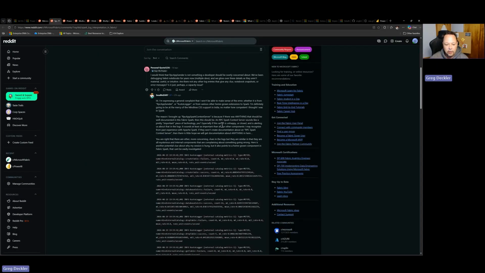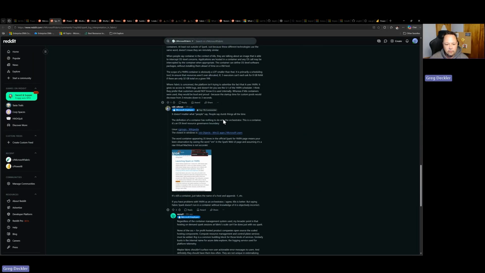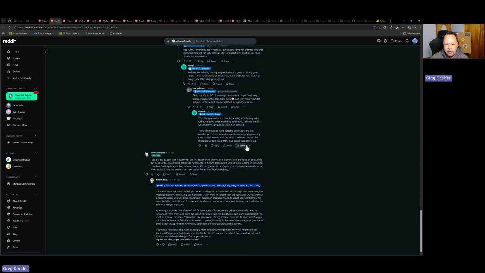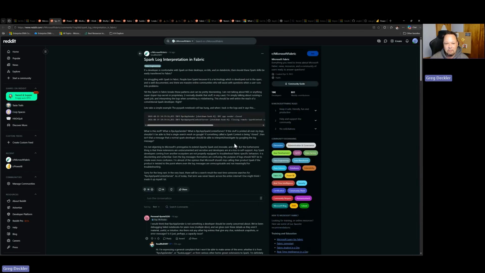There's a big long thread about it, and a few Microsoft employees are just standing in a circle. What they're doing in that circle, I'll leave up to your imagination. But basically, no one has an answer for it really, other than something bad happened and shit failed. You can't even figure out what the hell went wrong in Fabric because it's so abstracted, essentially, is what the complaint is.